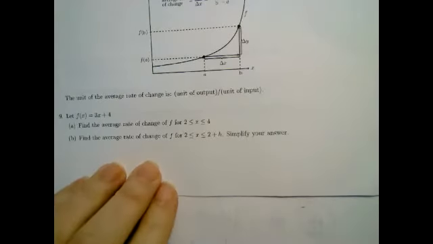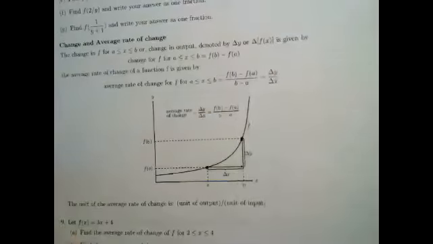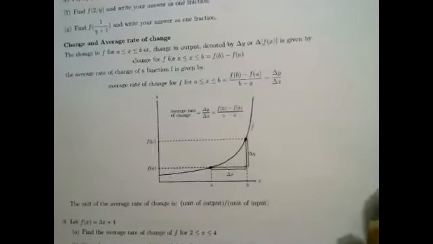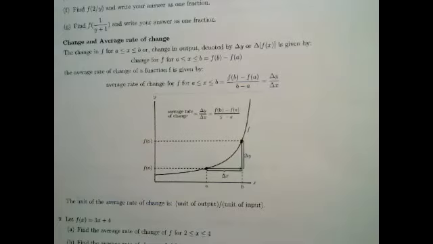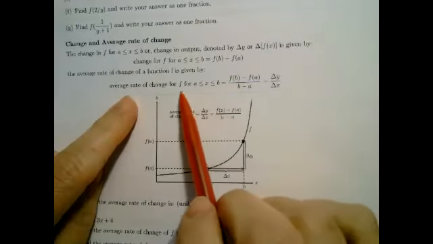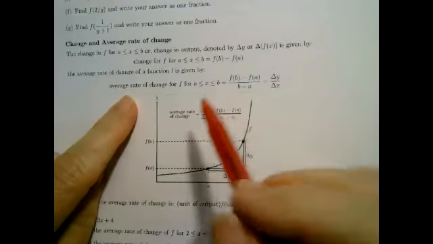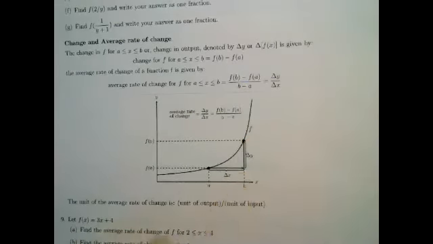Okay, so first you have to remember, on purpose, I put this to remind you what's the average rate of a function. So I want you to totally memorize it. What's the average rate of a function between a and b? It's the change, f of b minus f of a. So that's the picture.